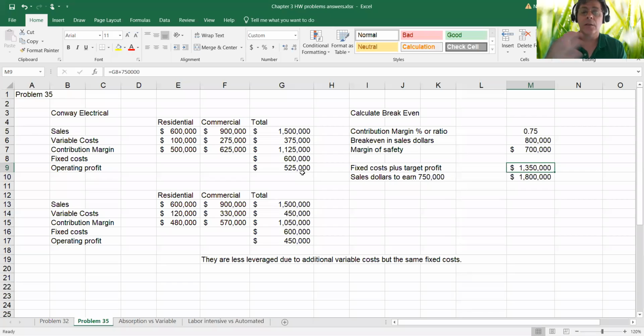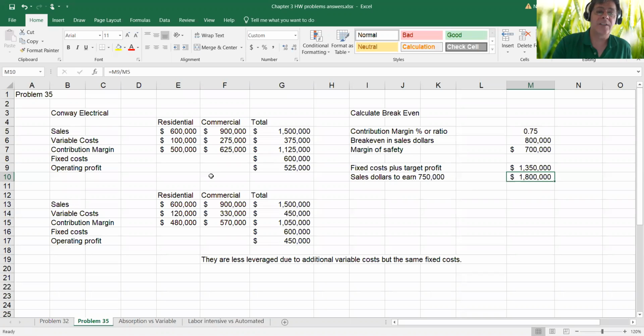That's our desired profit plus our fixed costs. We divide that by 0.75 and we get 1.8 million, or 1,800,000. So that is the sales dollars required to earn an annual profit of 750. All of this is on a per year basis.